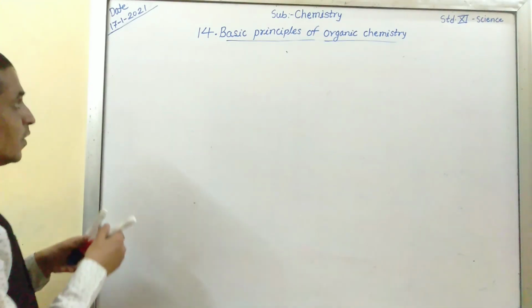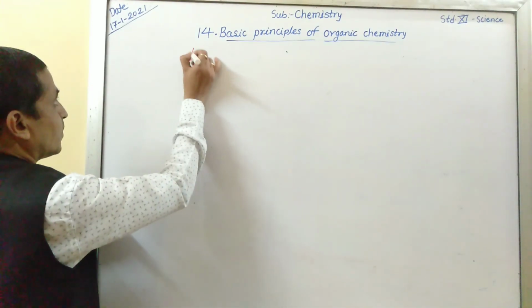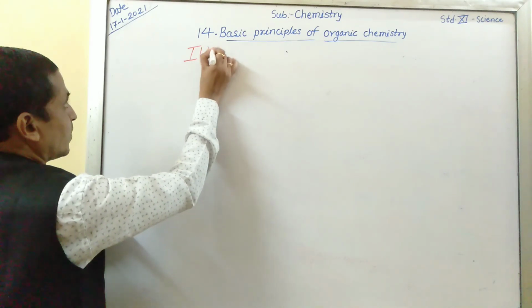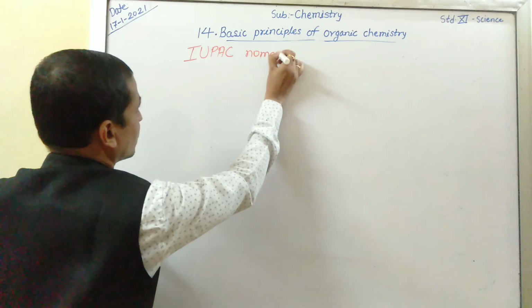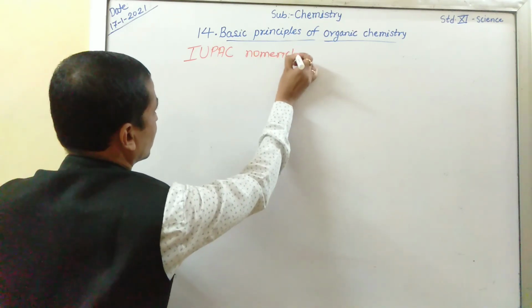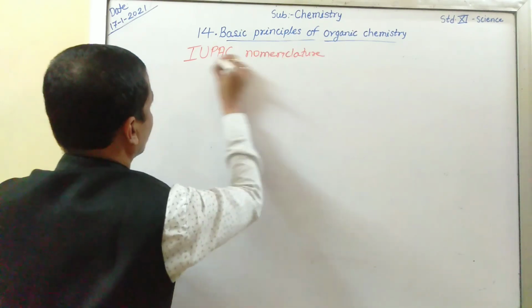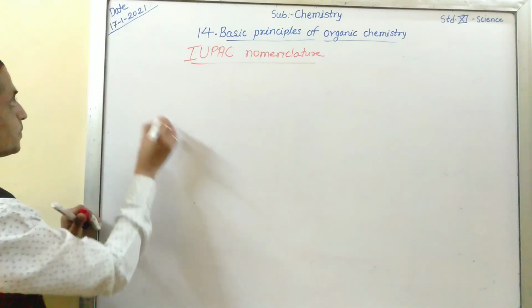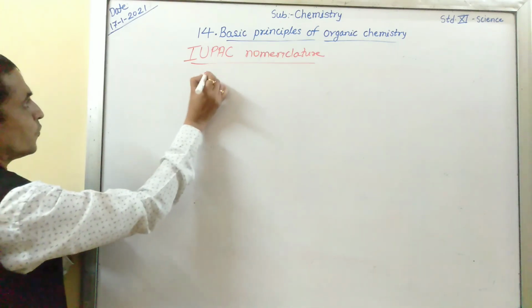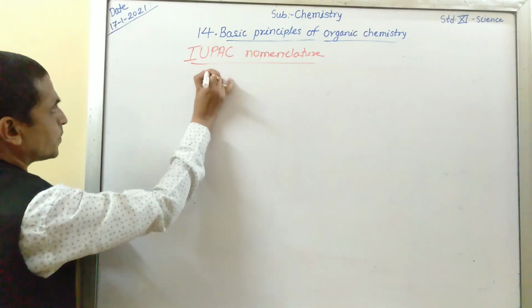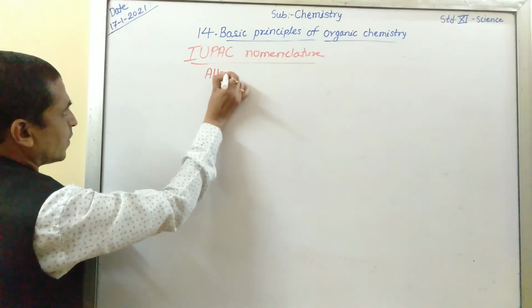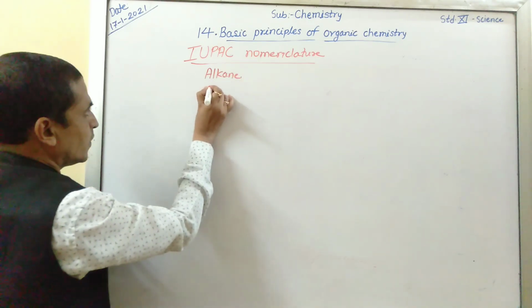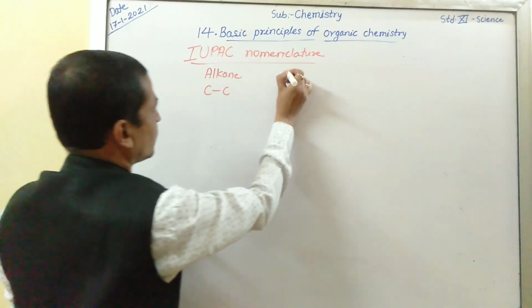Let us start with IUPAC nomenclature. You must know alkane means carbon-carbon single bond.